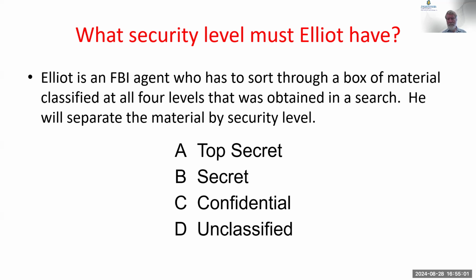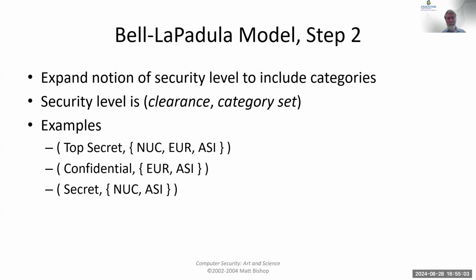Okay, moving along. All right, let's make the Bell-LaPadula model a little bit more secure and a little bit more complex. In addition to having levels, we'll also add categories. You might be allowed to see information in a particular category.